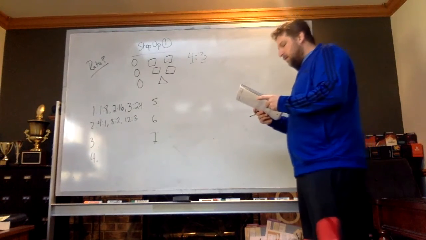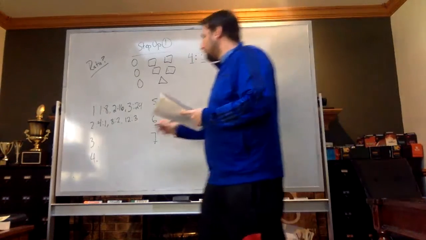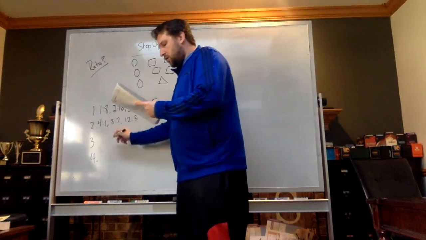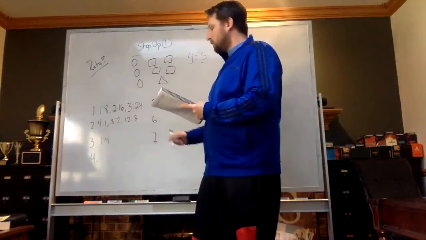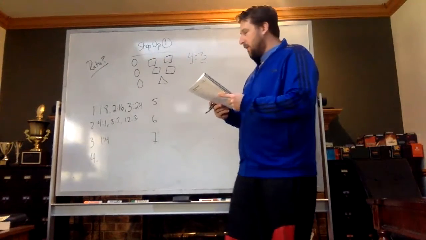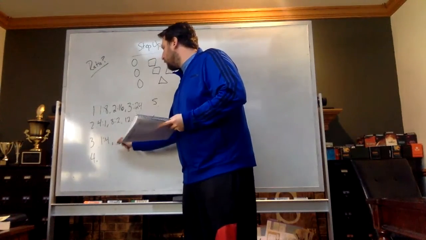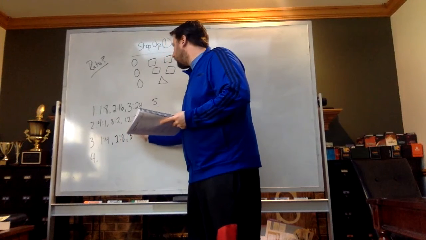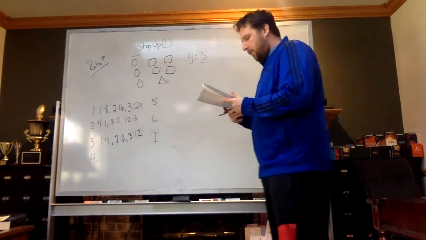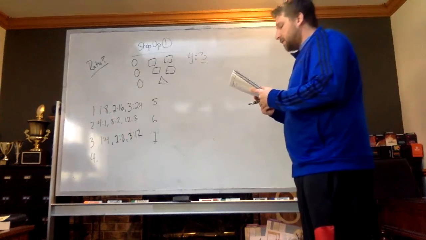Number 3, triangles to squares. Again, there's 1 triangle and 4 squares. So we're just doing the inverse of the last one. Now we want to do 2 to 8 and 3 to 12. Number 4, triangles to the number of circles.